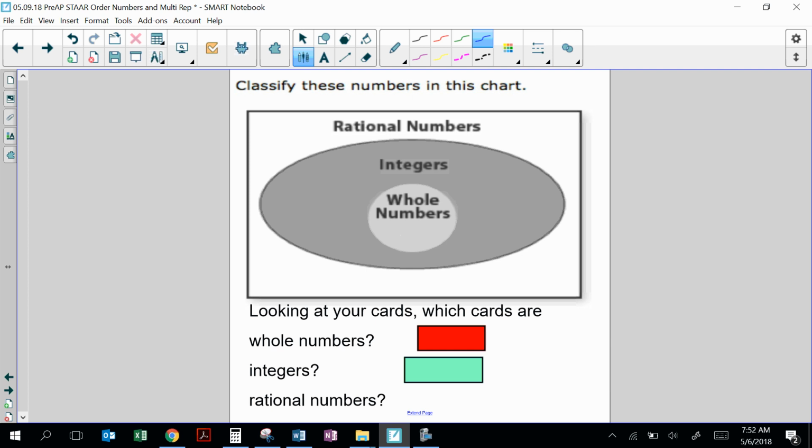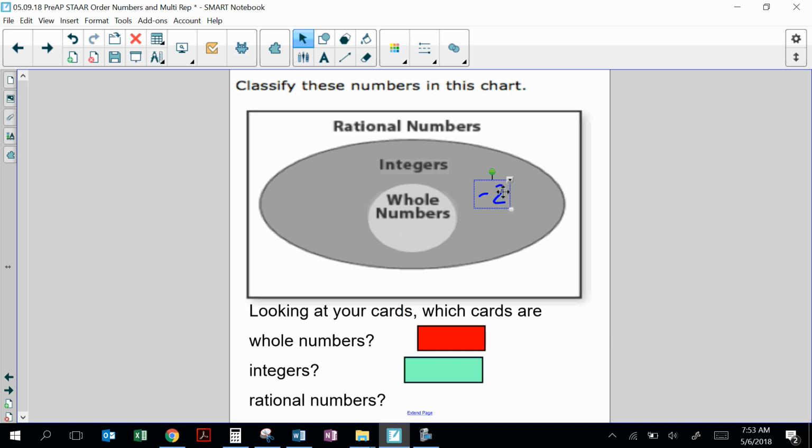So in this chart, in the beginning of the year, you were given different types of numbers and you were supposed to classify them. Remember the little baggies, the little gift bags we have on the wall. So for example, if I say -2, where would -2 go here? Is -2 a whole number? No, whole numbers are positive. Could it be an integer?